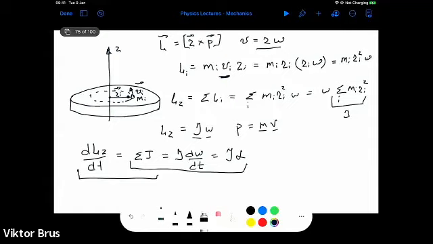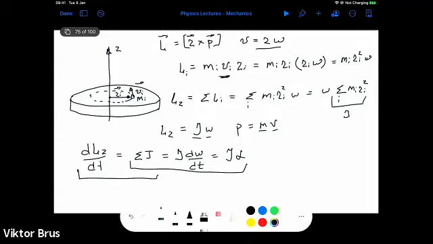So there is a clear dependence between the angular momentum, change of angular momentum, and moment of inertia and angular velocity, and also change of angular momentum and some resultant torque, which is applied to the body with respect to this axis of rotation.